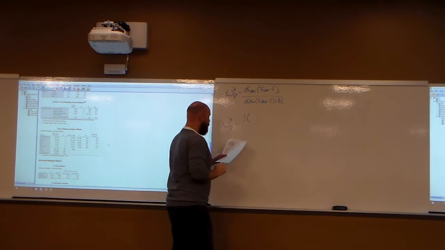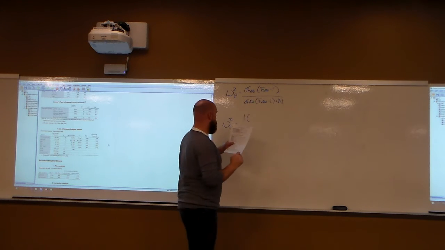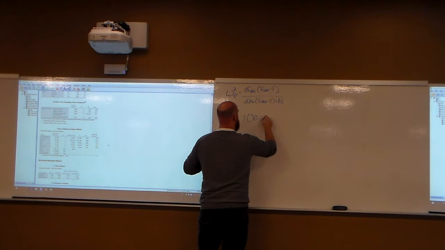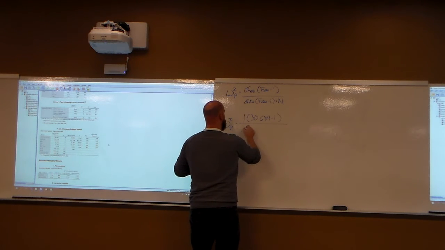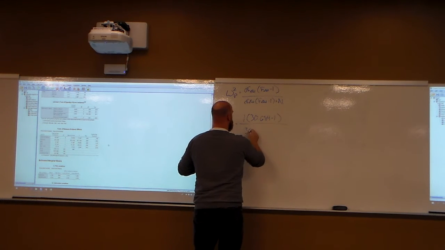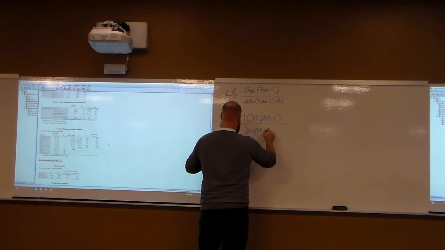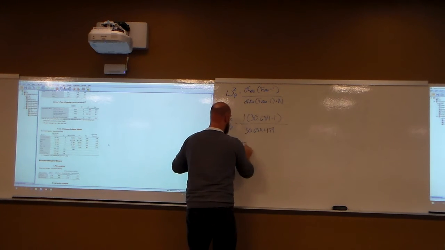And what's the value of my F statistic for that effect? 3.684. So 3.684 minus 1 over, everything multiplied by 1 is itself, so 3.684 plus 189 gives me a partial omega squared of 0.136.